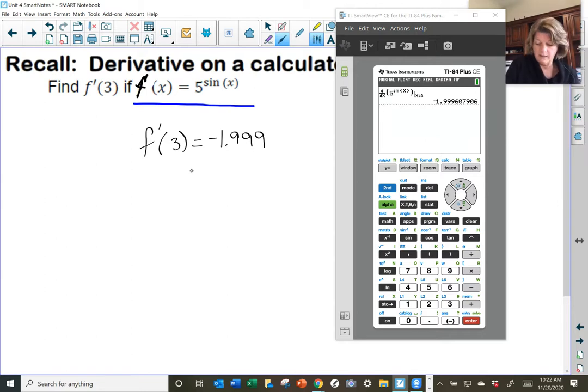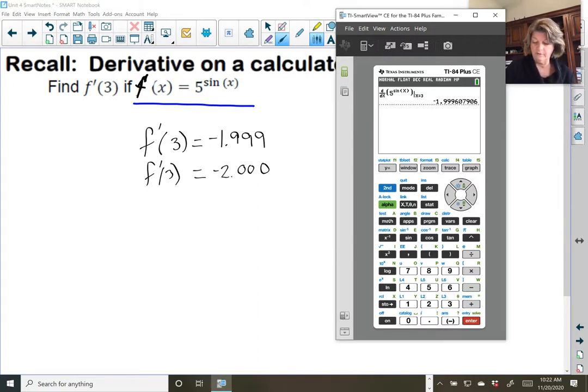That would be accepted by the AP. Also, because of that 6 after it, we could put negative 2.000, and that also would be an accepted answer. You can either truncate or round. The other option to get numeric derivative is hit math option 8, and there you've got the same exact layout. Very good.